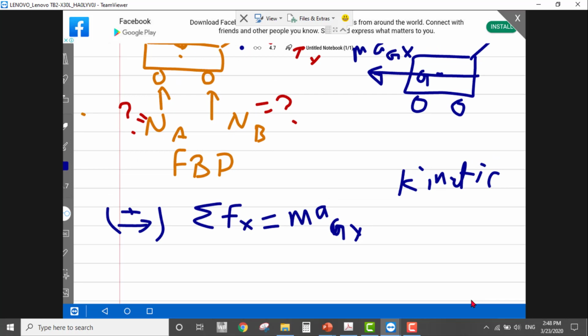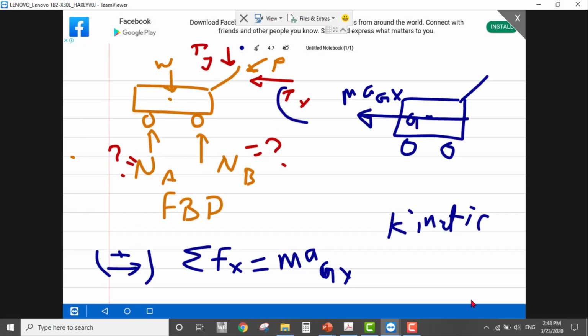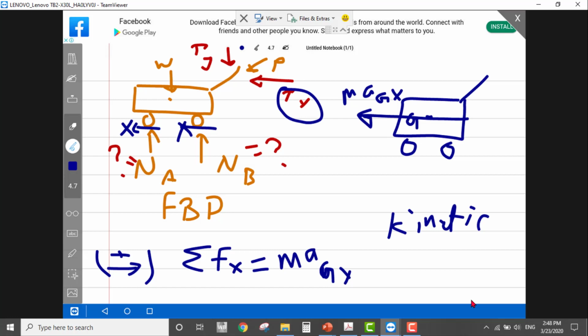So we have this force in the X direction. Do we have any other force? He said neglect the mass of the wheel, so we'll neglect also the friction with the ground. Okay, so there is no friction. So we have only B in X direction.